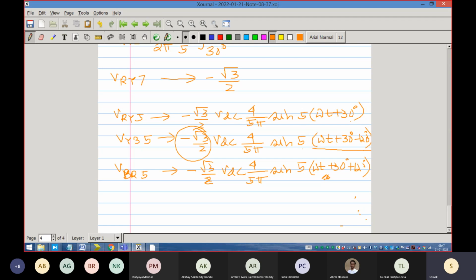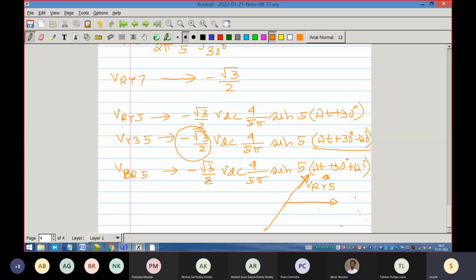It is 5 into 30, that is 150 degree. This is our 0 degree. 150 degrees here, 5 into this, and with a negative sign. With the negative sign, it goes here, right?